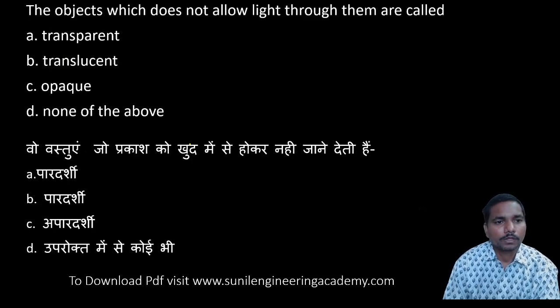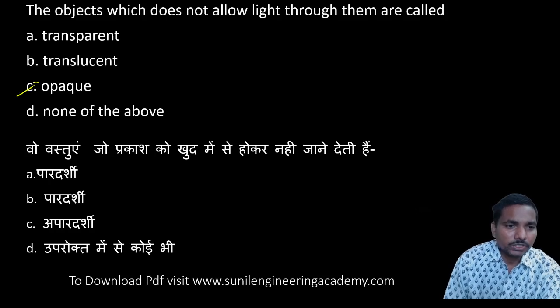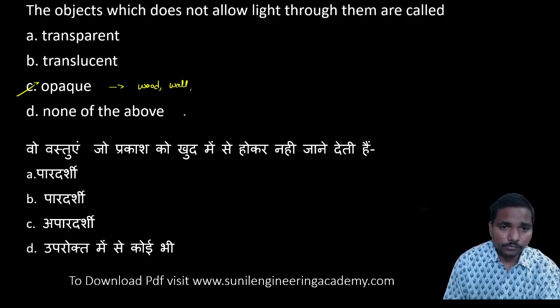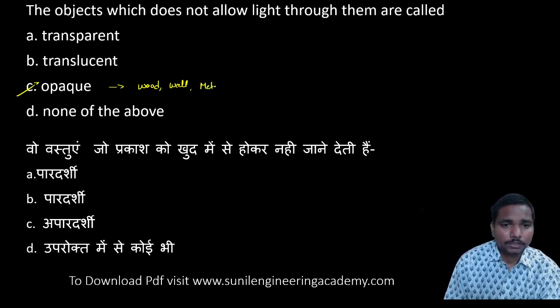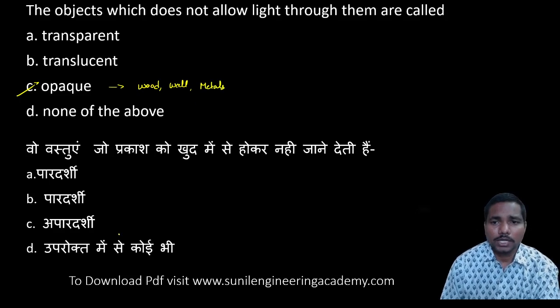The objects which do not allow the light are opaque bodies. Let us take wood, wall, stones and metals. They do not allow the light through them.